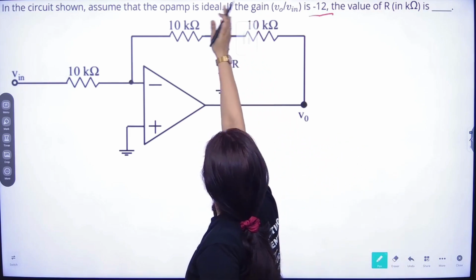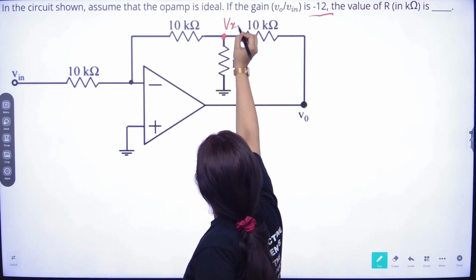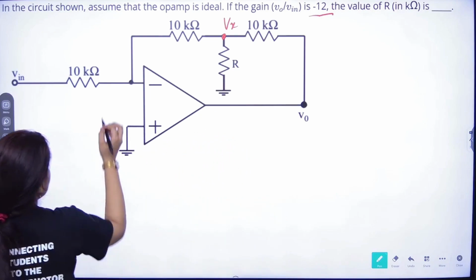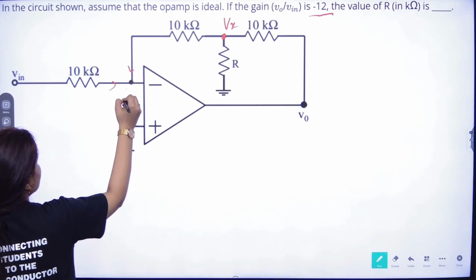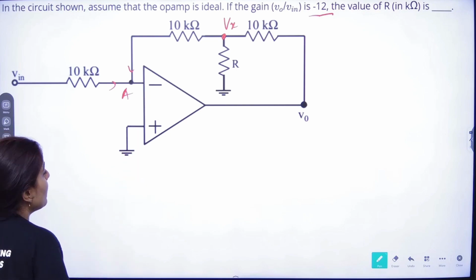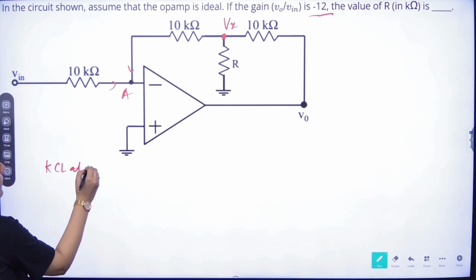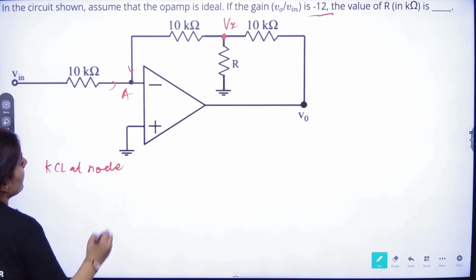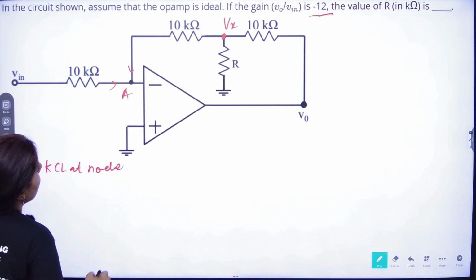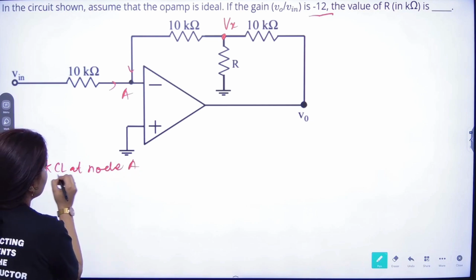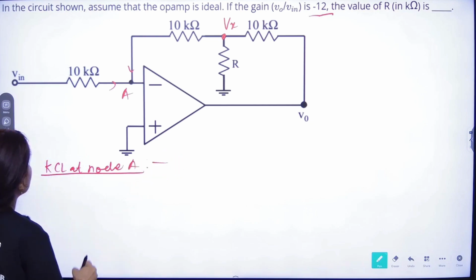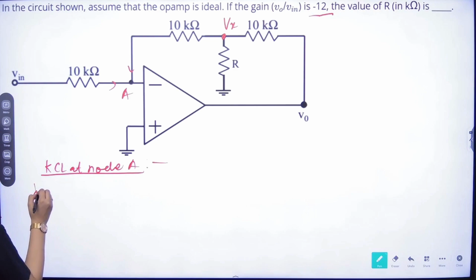So let's assume that the voltage here is Vx. What you have to do is apply KCL. This is node A and that is node Vx. First let's apply KCL at node A. Both the currents are incoming.